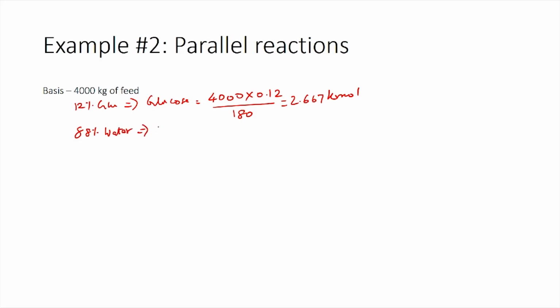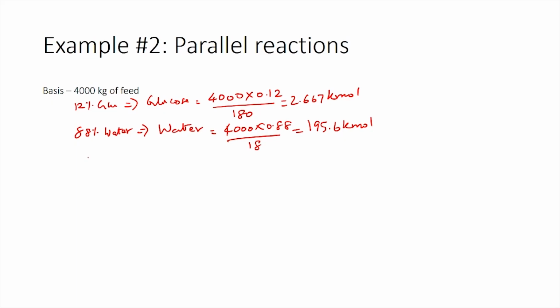This implies that the amount of water present in the feed would be 4000 times 0.88 divided by 18, which is the molecular weight of water, to give the total number of moles as 195.6 kilomoles. In addition to this, we have also been told that the final product contains 90 kilograms of glucose and 120 kilograms of carbon dioxide.